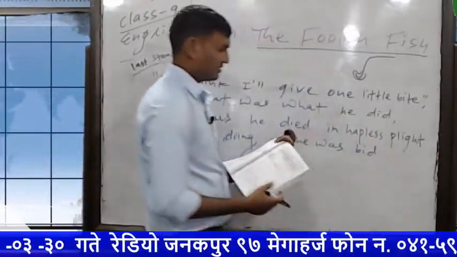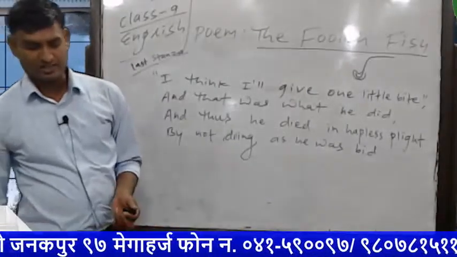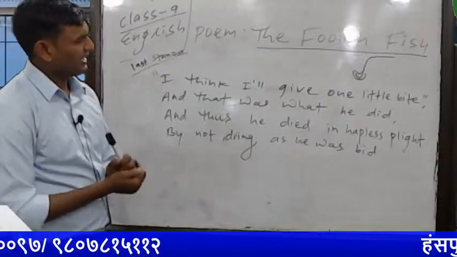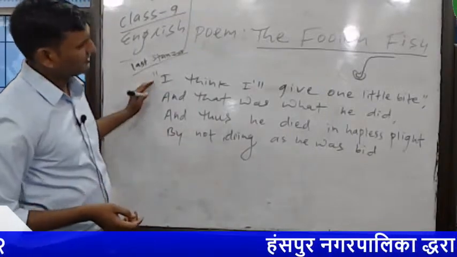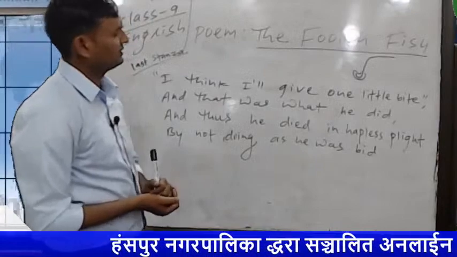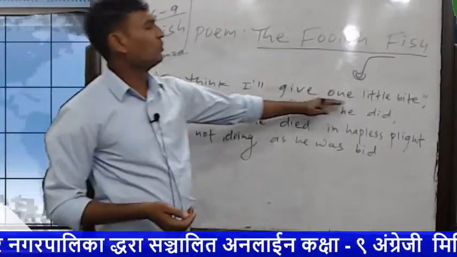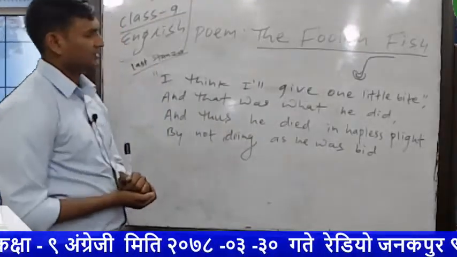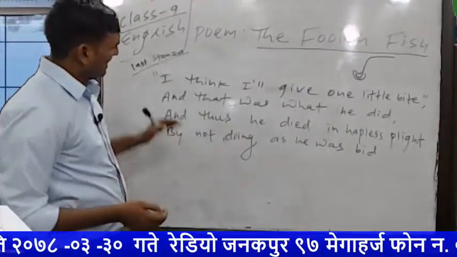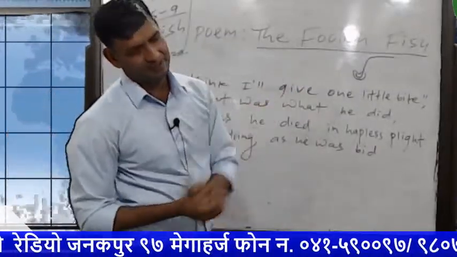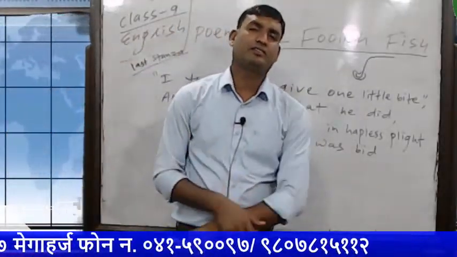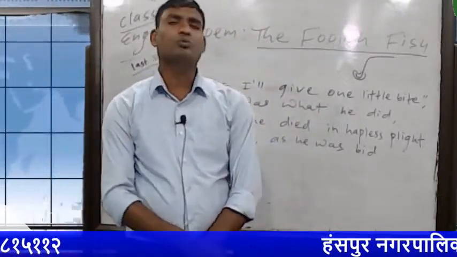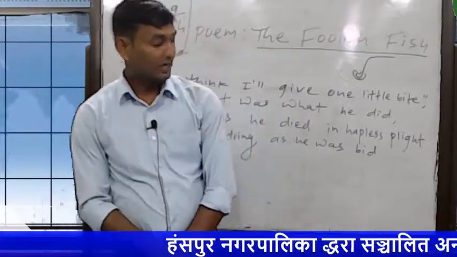Okay, dear students, this is the last stanza of the poem. In the last stanza, at last, the little fish thinks, I will give one little bite to the worm. And that was what he did. It means at last he finally decided, I will give one little bite.